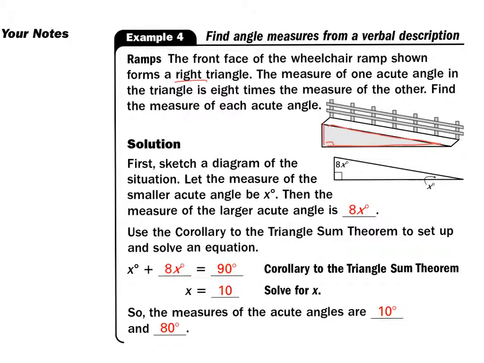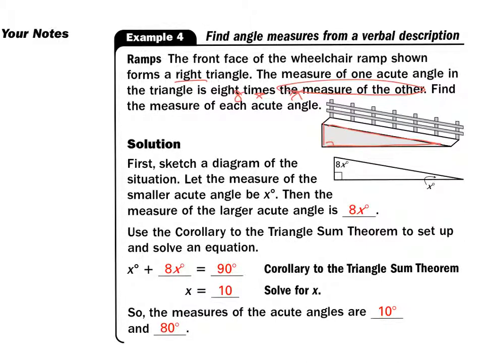The measure of one acute angle in the triangle is 8 times the measure of the other. So 8 times. I like to write it out as I read. If I want to set this up, whatever the first angle, the big angle is, it's 8 times the other, and if I don't know the measure of the other, I let that equal x.